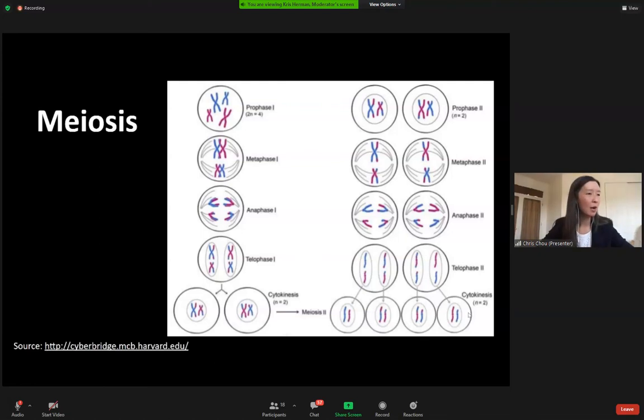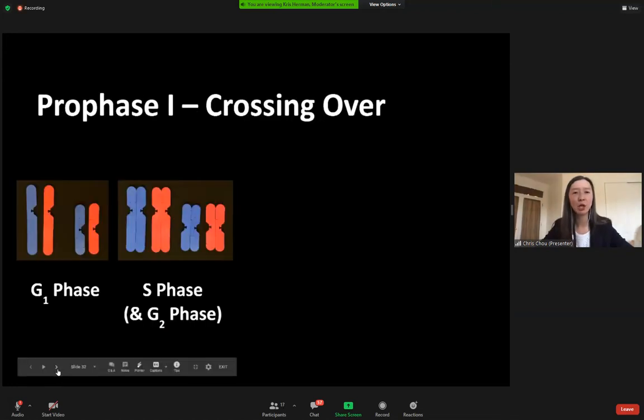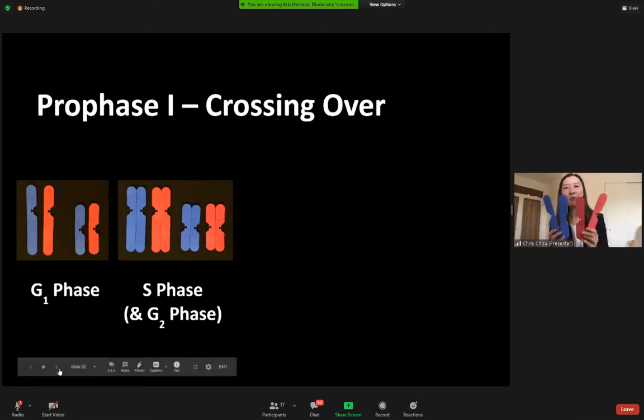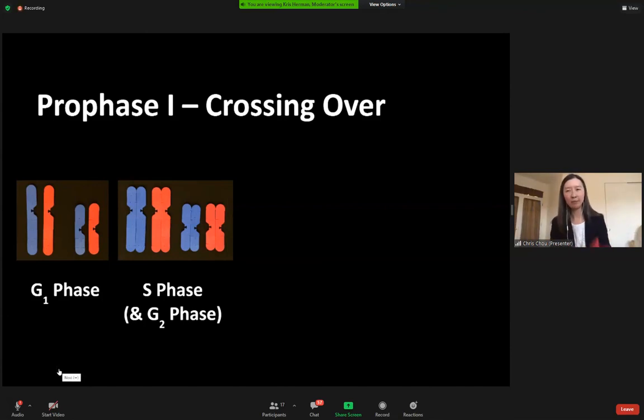All right, so we're going to model this, and the next slide will show, as a reminder to students, going back to that cell cycle, you have the 4 chromosomes, or 4 DNA molecules, you could say, in G1, and then in S phase the chromosomes are replicated.